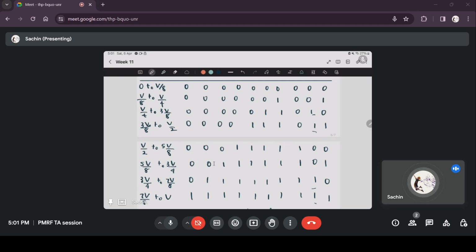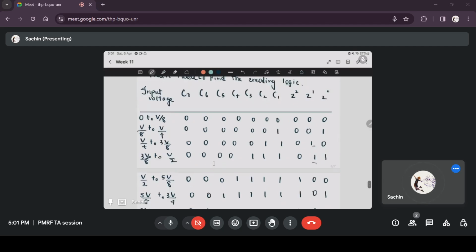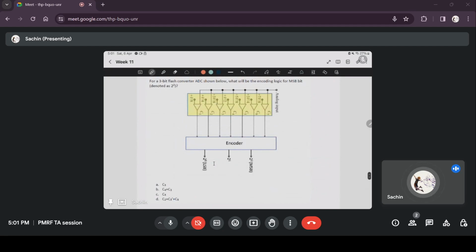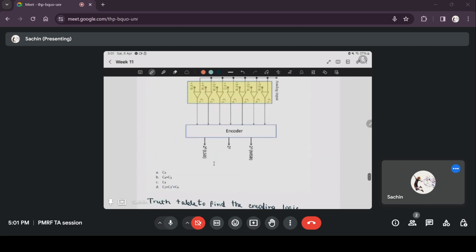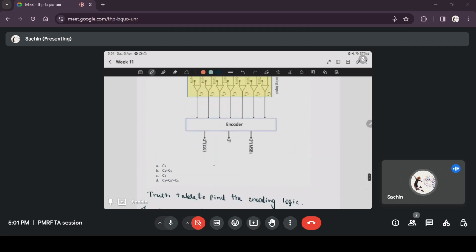And this encoding logic is actually a priority encoder that we are using, not a normal encoder. IC9318 can be used for this.